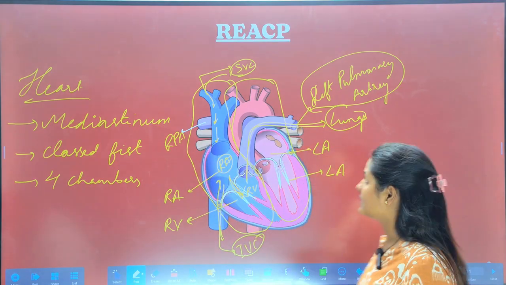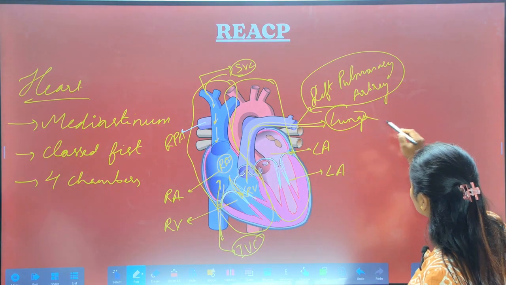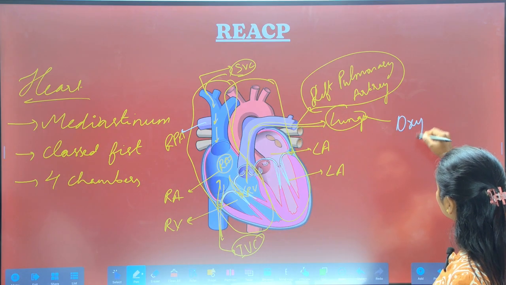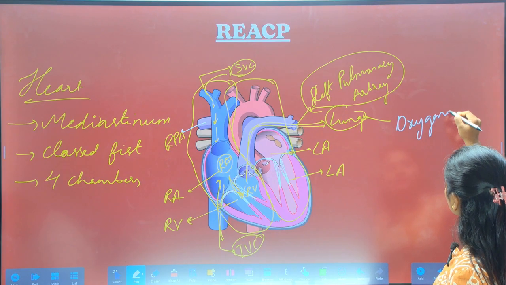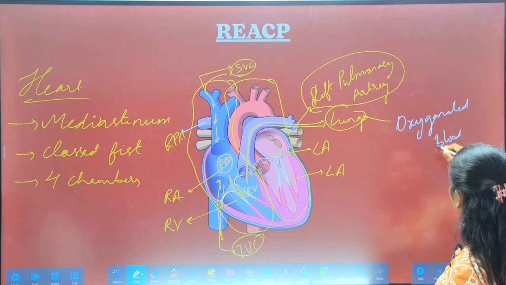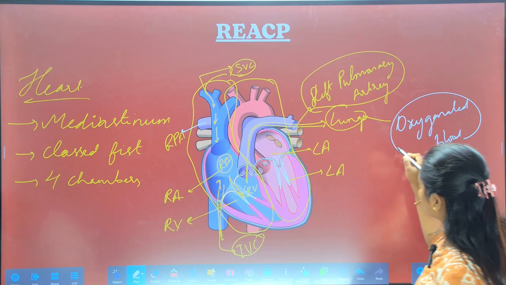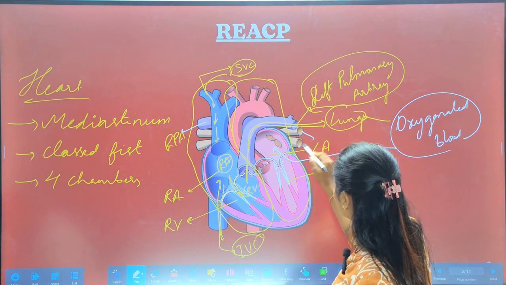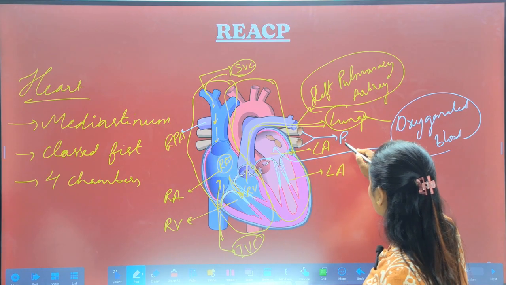Okay, and next from the lungs we get oxygenated blood to the left atrium with the help of pulmonary veins.